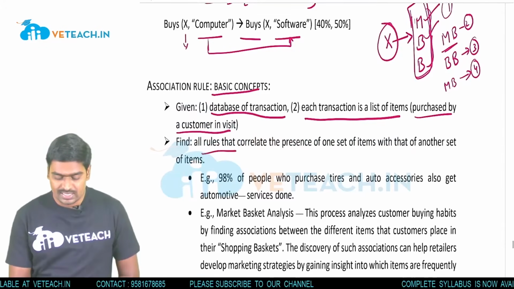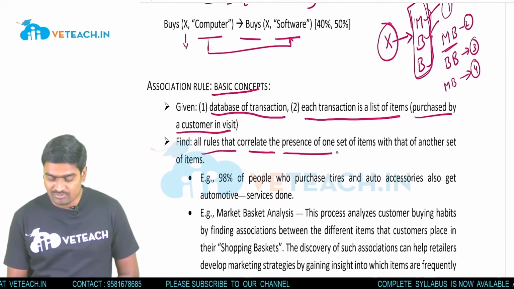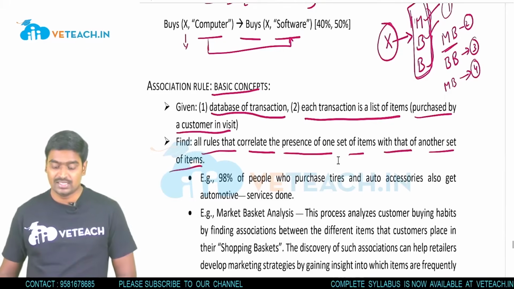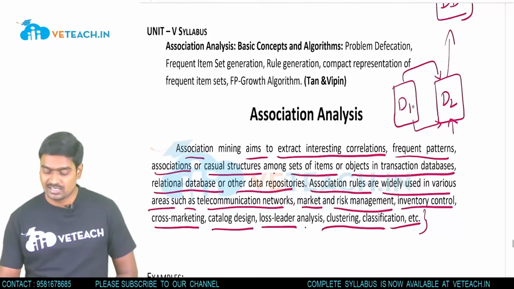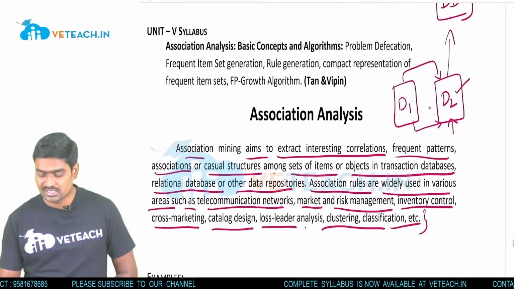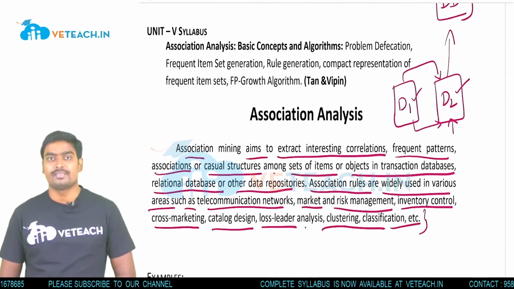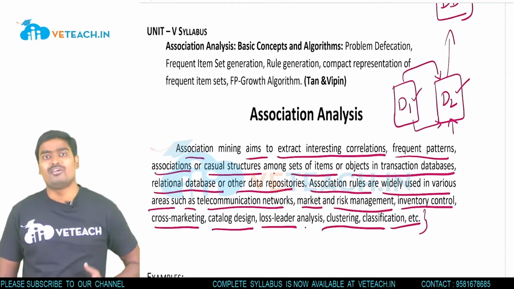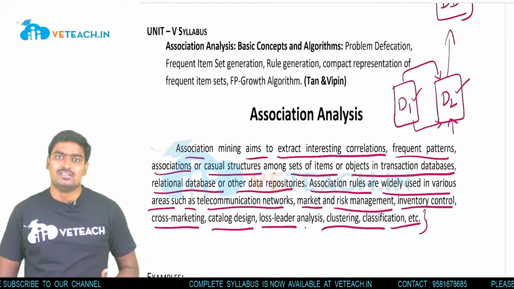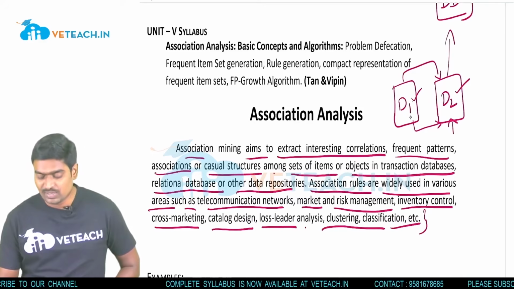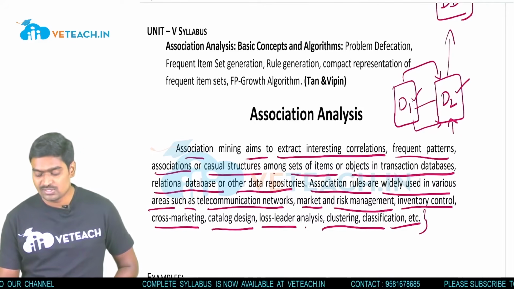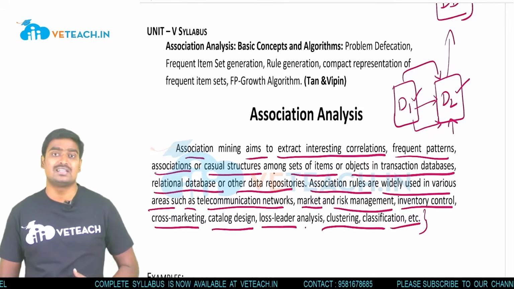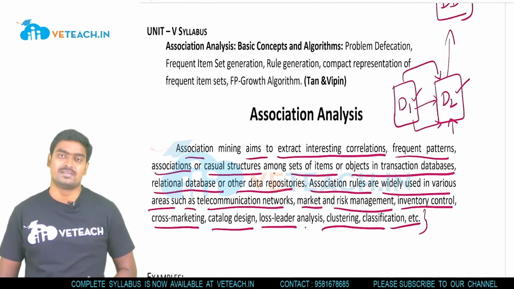We find all the rules that correlate the presence of one set of items with that of another set of items. I already told you what it is: this is data set 1 and this is data set 2. In data set 1 and data set 2, a number of records exist. Applying association rules to the associated items, we can generate the frequent item sets.